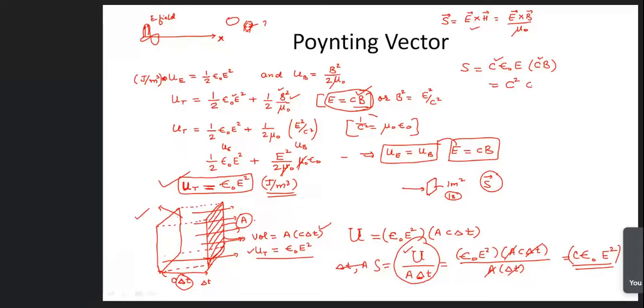It is epsilon naught c squared E times B, and again using this relation, c square is 1 over mu naught epsilon naught. So it is E B divided by mu naught epsilon naught.